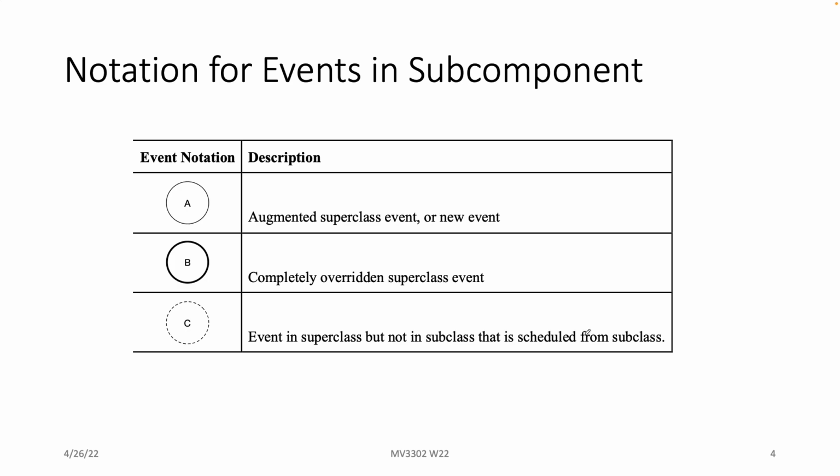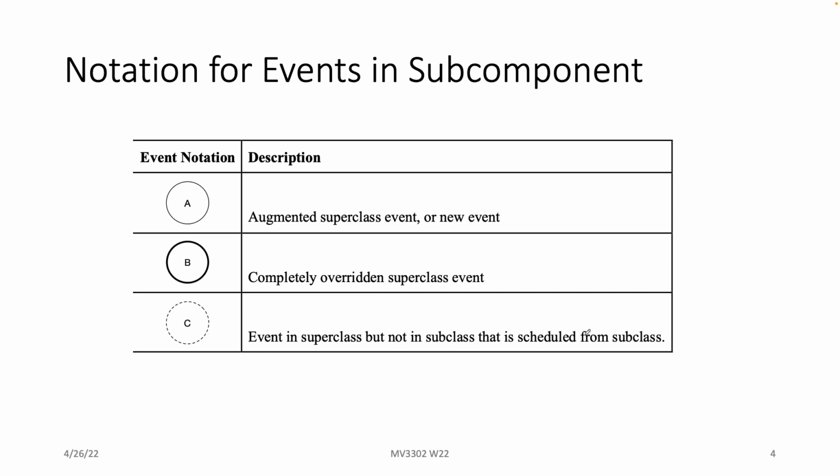That isn't necessarily the case. We actually saw an example where we wanted to change the priority rules for the servers with efficiencies, remember? And there we didn't add any extra events. We just changed the way that the container for the servers was being sorted. But usually in a subcomponent, we're going to do one of several things.